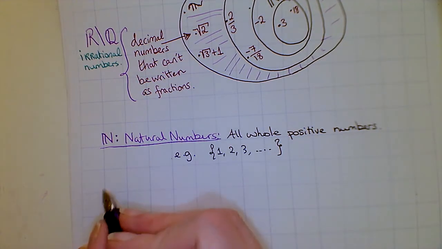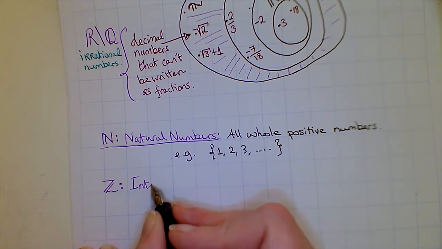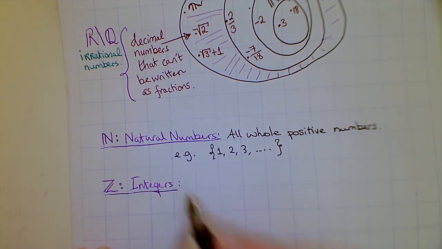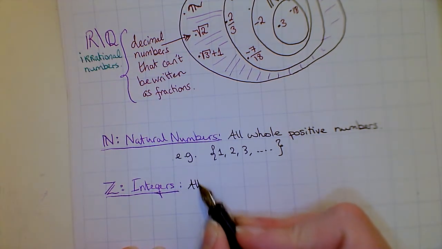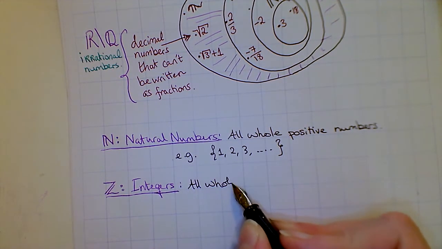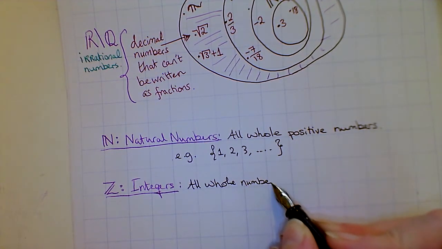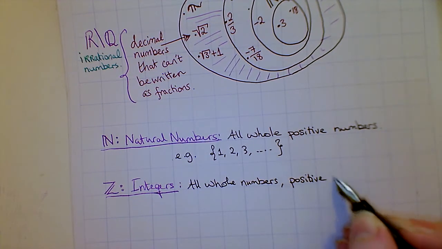The next biggest then is the integers. And the integers are whole numbers that are also positive or negative. All whole numbers, positive and negative.